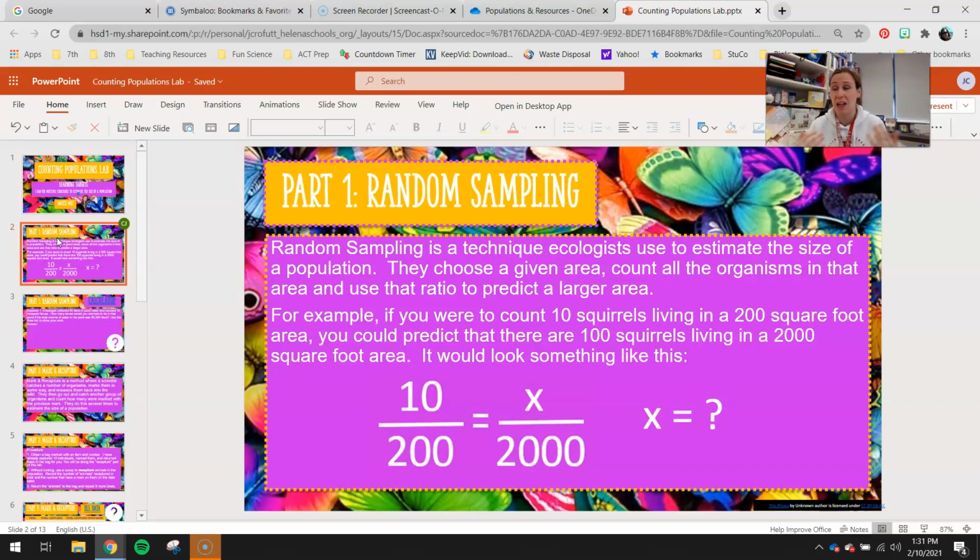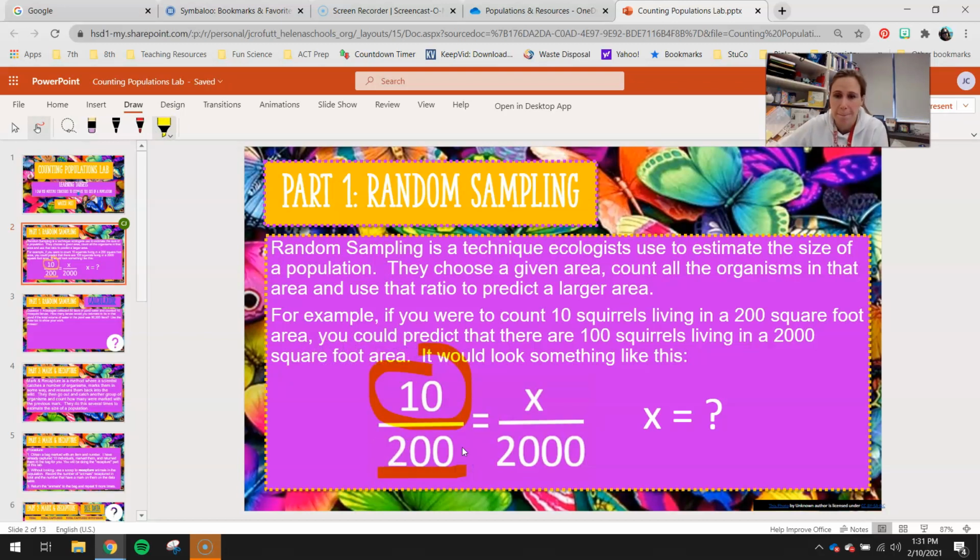So maybe in my classroom I have this many students, but if the school is this big, how many students would I have based on that? For example, if I count 10 squirrels living in a 200 square foot area, and then I go to a park that's 2,000 square feet, I can use this ratio to guess how many squirrels would be in that bigger area.